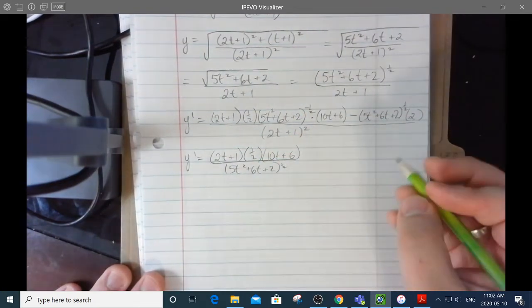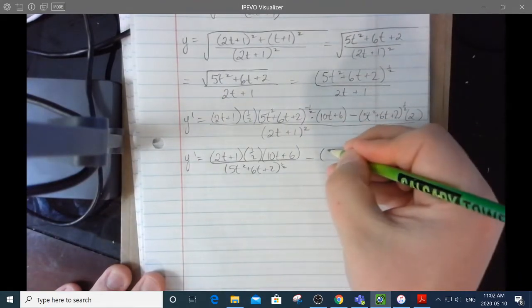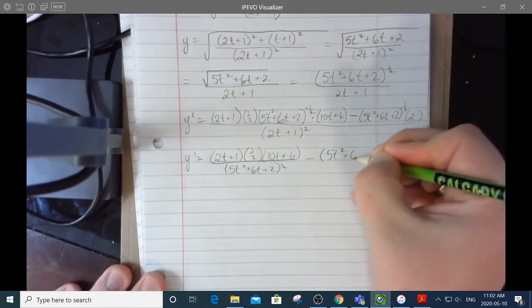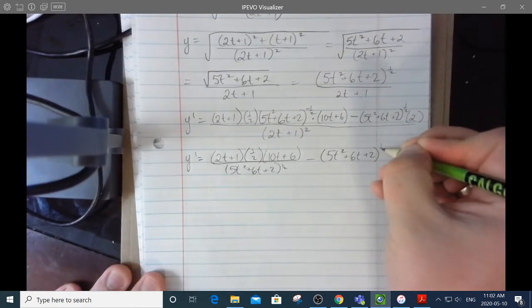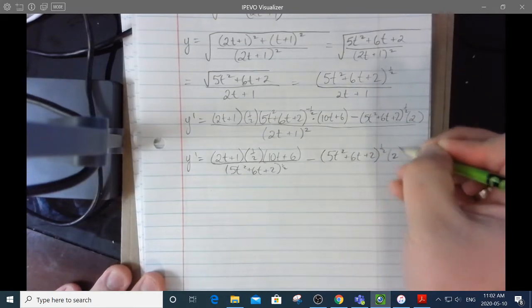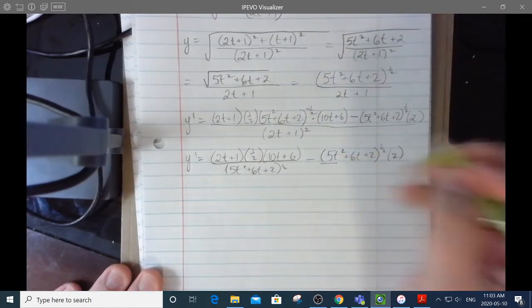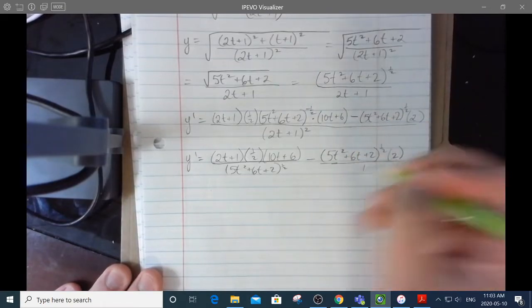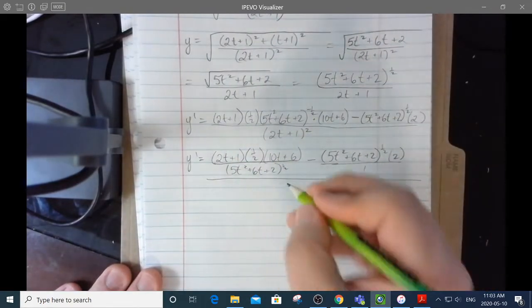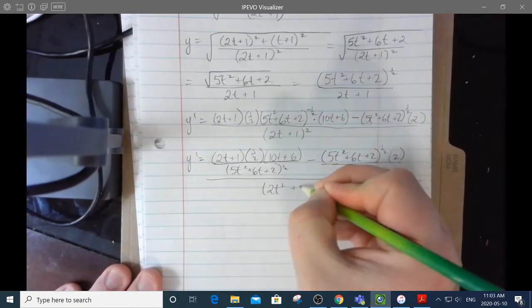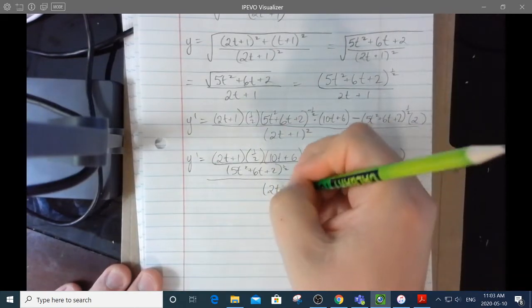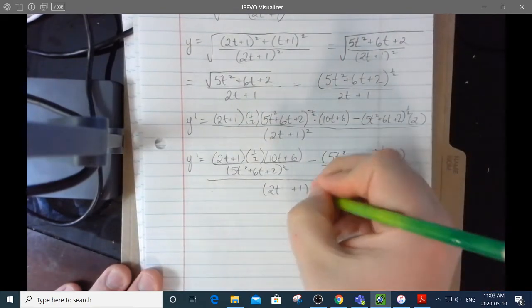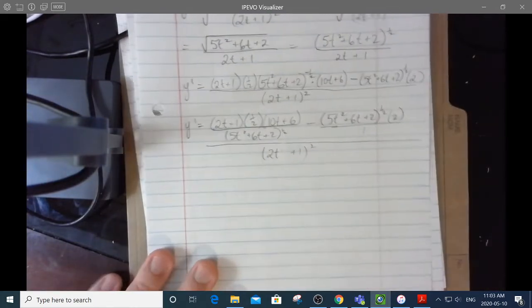This thing just became a denominator, minus 5t squared plus 6t plus 2 to the positive 1/2 times 2. Oh, that does, well, I could just say all over 1, I guess. That'd be good. All over 2t plus 1 squared. Oh, sorry, there's no squared in there. 2t plus 1 squared. All right, next.